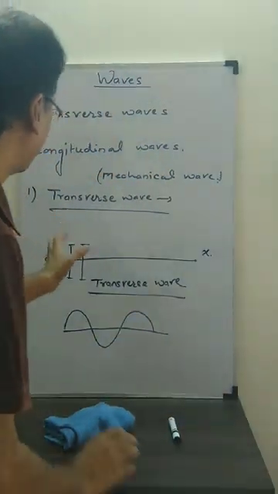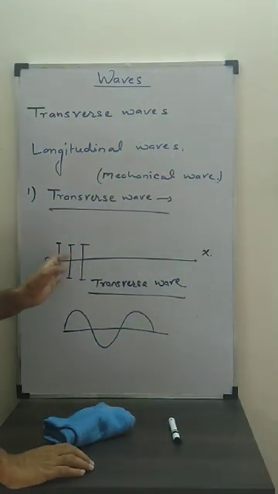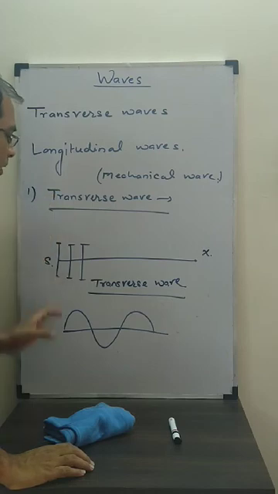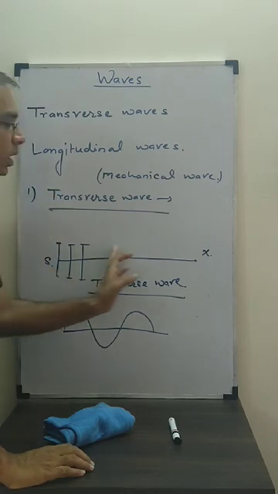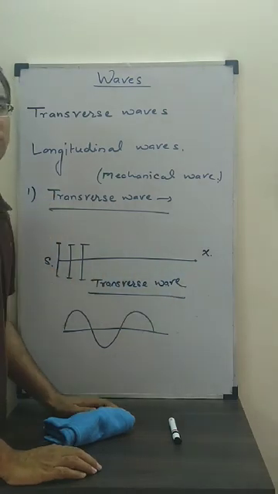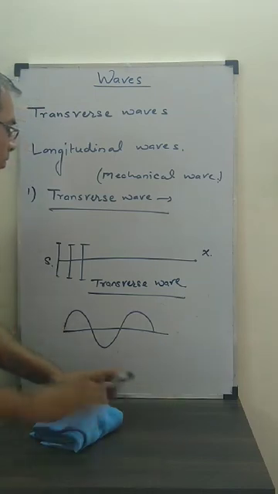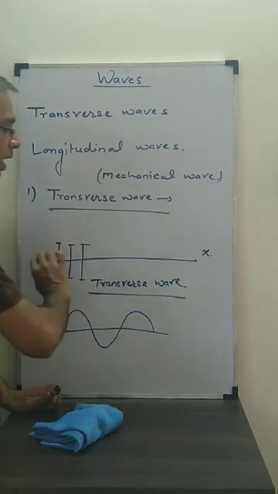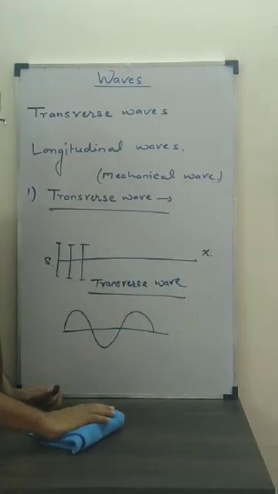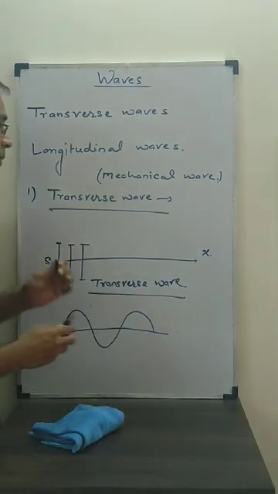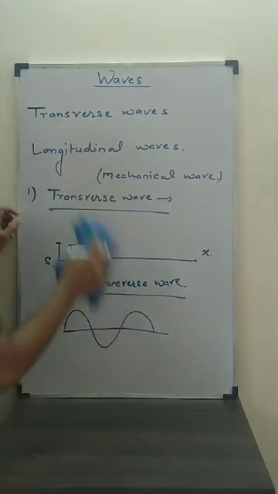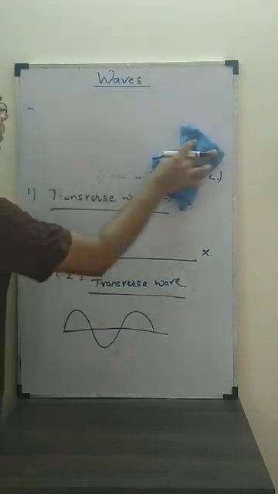So which wave are we calling a transverse wave? When the particle or the source is vibrating perpendicular to the propagation of the wave, this is called a transverse wave. Okay, the particle is vibrating like this and energy is going like this. This is transverse. We talk about examples of transverse waves.